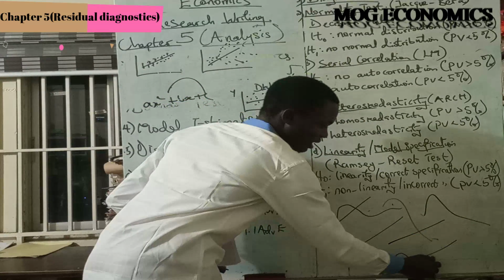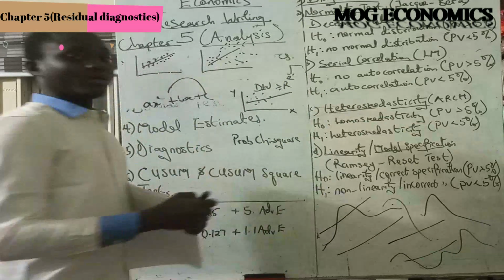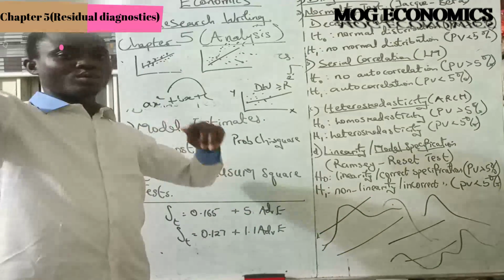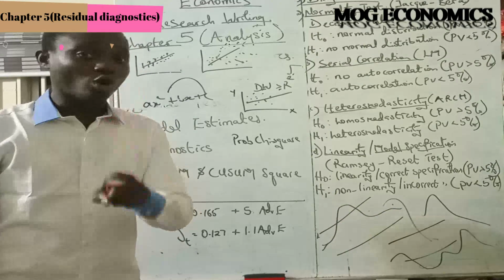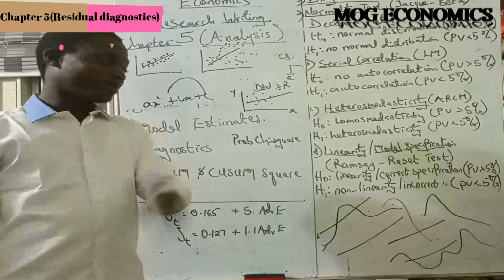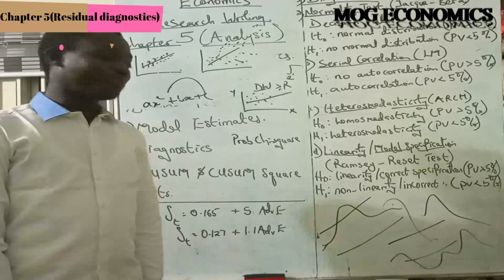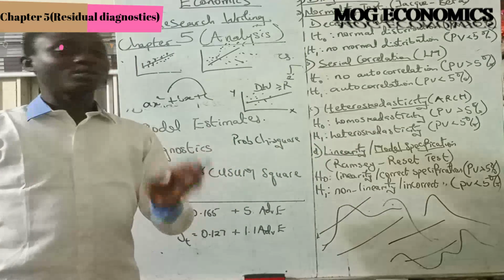Whatever it is, if you have anything outside of those parallel lines, I don't even know what color the lines are going to be in whatever package you are using, that means your model is not stable. What you want is for your model to be stable.